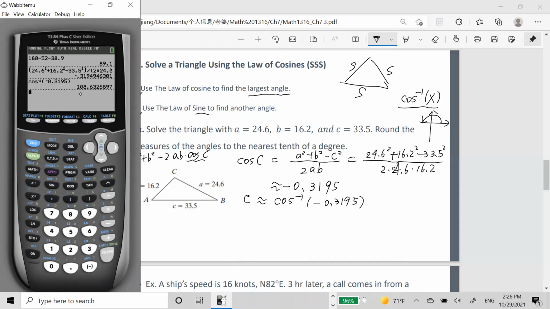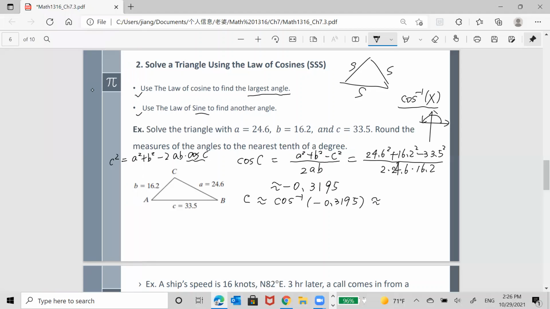It gives us 108.6. Reading the question, to the nearest tenth of a degree means just keep 1 decimal. So angle C is 108.6 degrees.